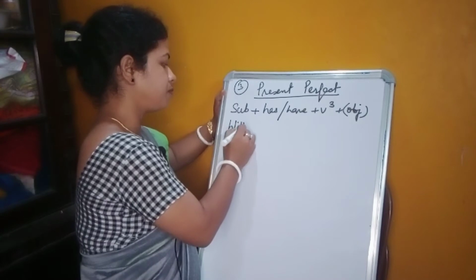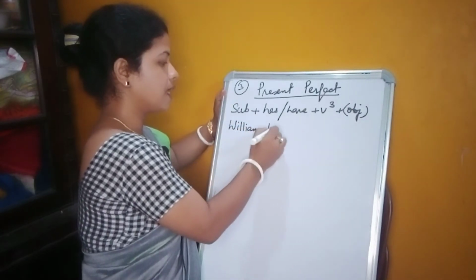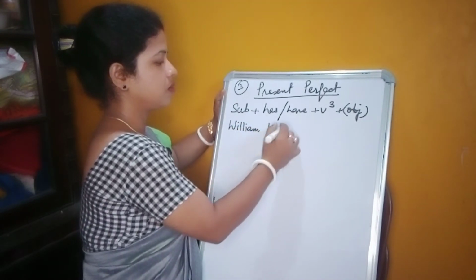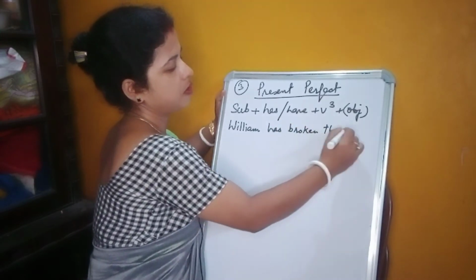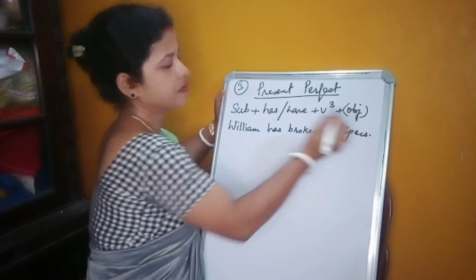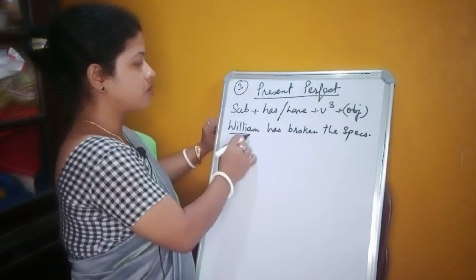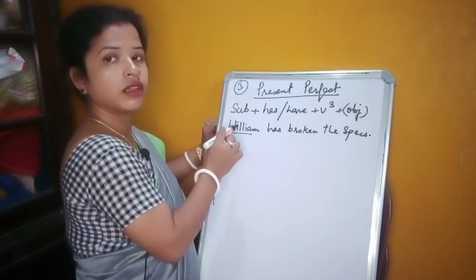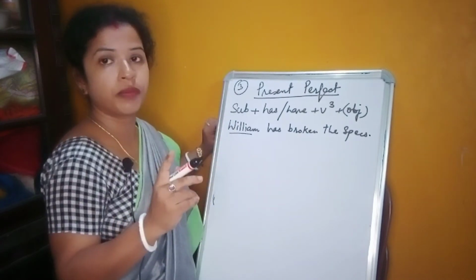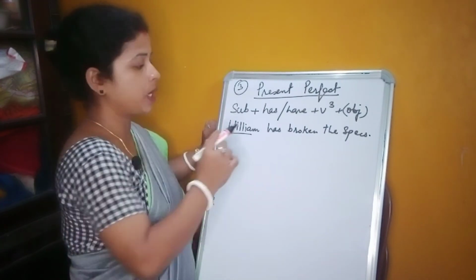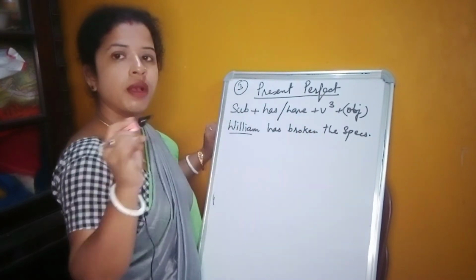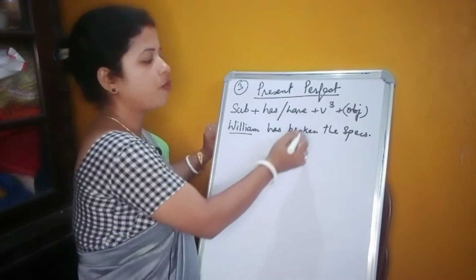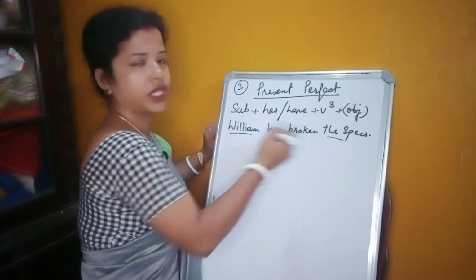William has broken the specs. William is the subject; has or have, we know that a singular subject takes a singular verb and a plural subject takes a plural verb. So I have taken has, then break, broke, broken. Third form, broken, the specs is the object.